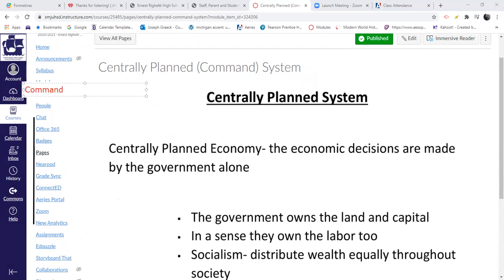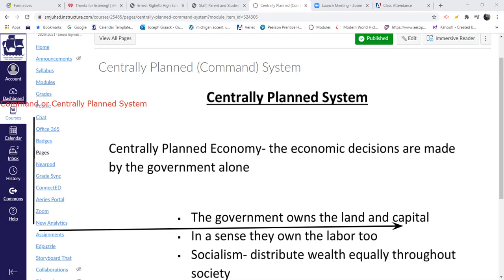So command, or it's sometimes called centrally planned system. And remember, all an economic system is how a society decides to allocate resources and answer the three questions of what, how, and for whom. So we're going to talk about command or centrally planned system. And we're going to move our way all the way from left to right. All right, so that's what we're going to look at there.